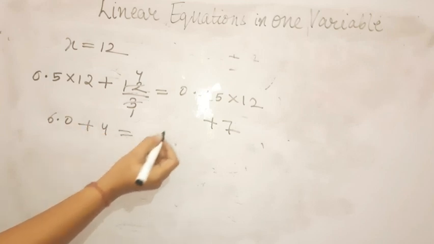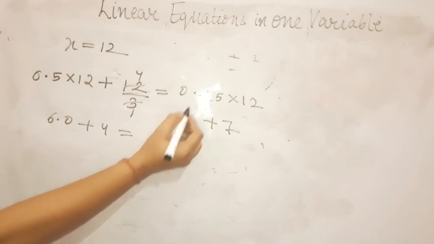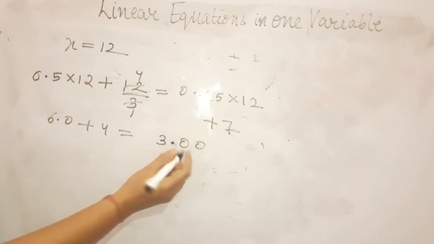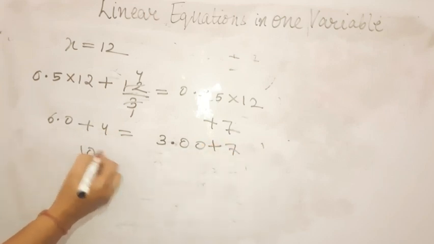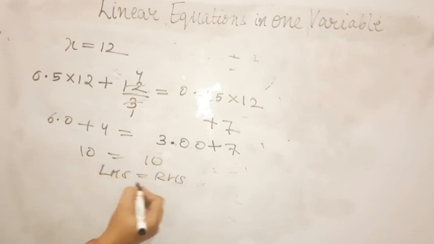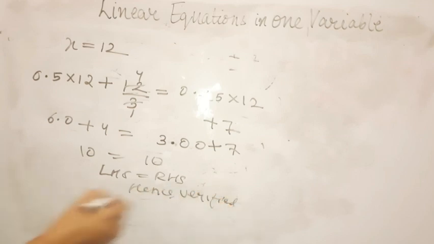Plus 4 is equal to, now 0.25 multiplied by 12 is 300, but we have to place the decimal point before 2 digits, so it will be 3.00 plus 7. 6 plus 4 is 10 and 3 plus 7 is also 10. LHS is equal to RHS, hence verified. That means the value which we have found for x is totally correct.